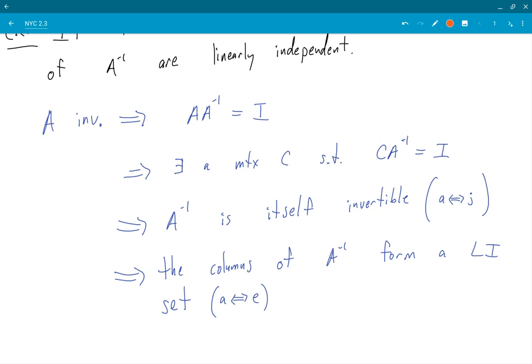Okay, and that tells me that A inverse is invertible, where I make use of the invertible matrix theorem. And then if A inverse is invertible, then I get this last implication, because being invertible is the same thing as saying that the columns are independent.